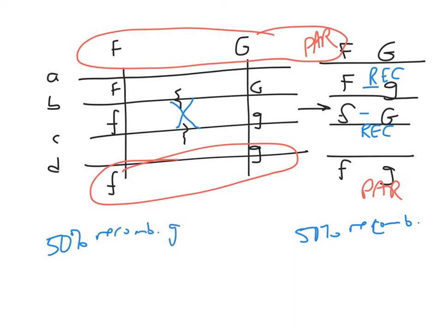So 50% recombinant gametes equals 50 centimorgans. That's when genes are at the opposite ends of the same chromosome or if they're on separate chromosomes. Here I've diagrammed what happens when genes are at the opposite ends of the same chromosome.